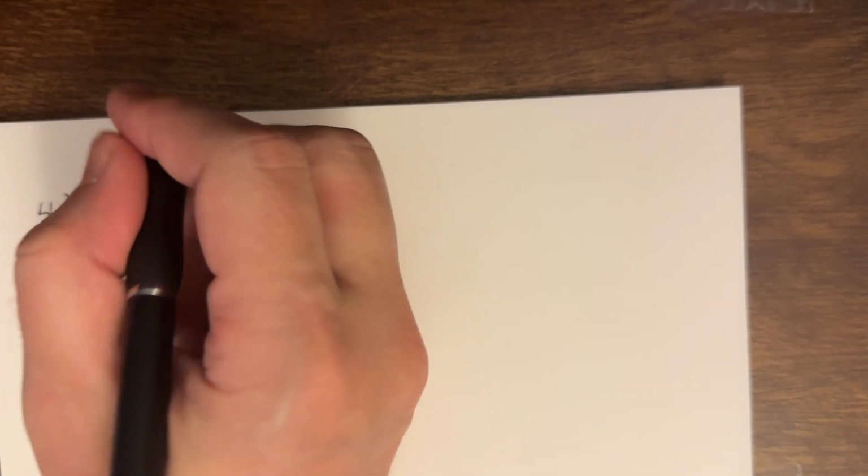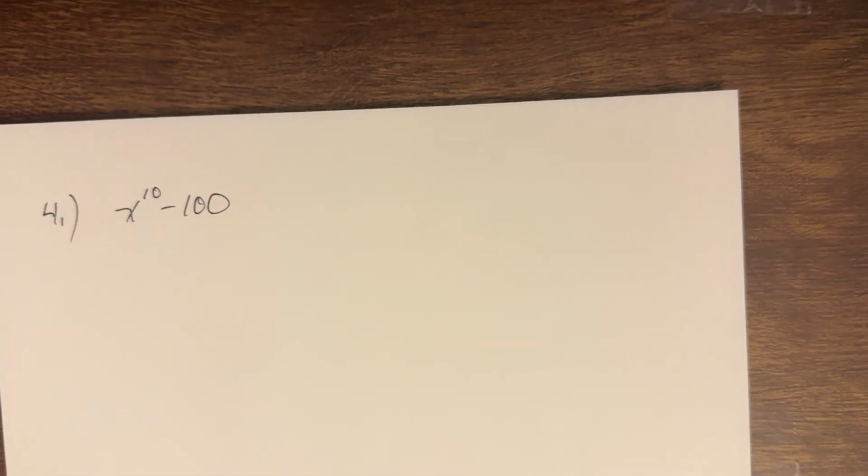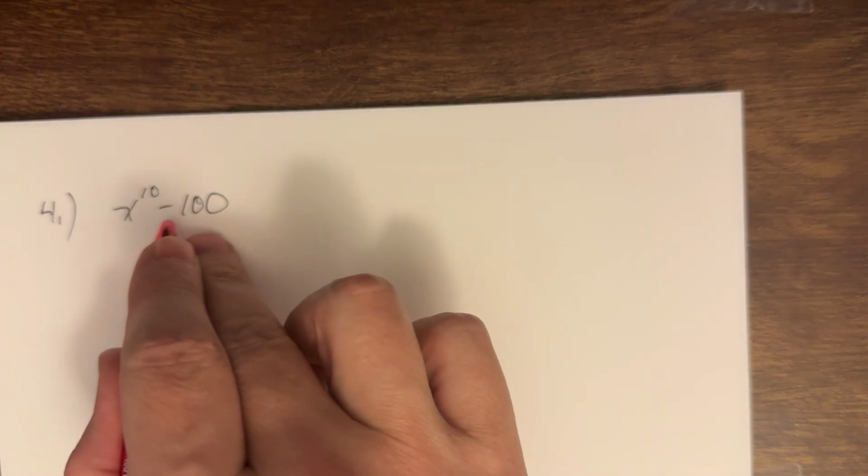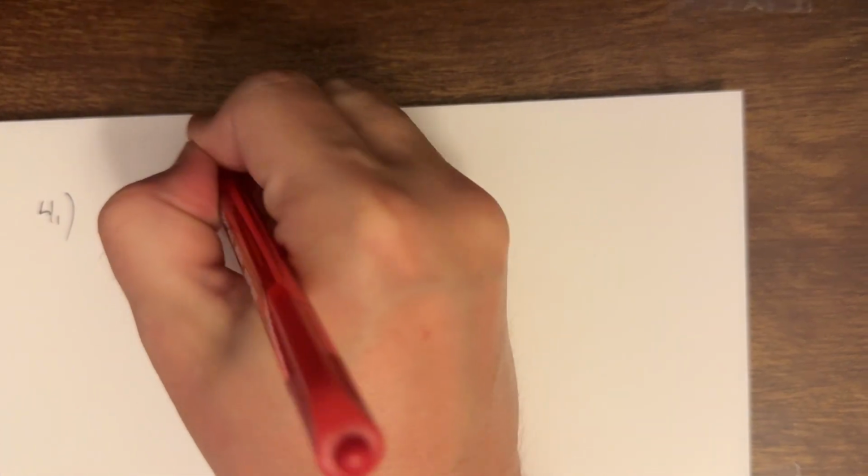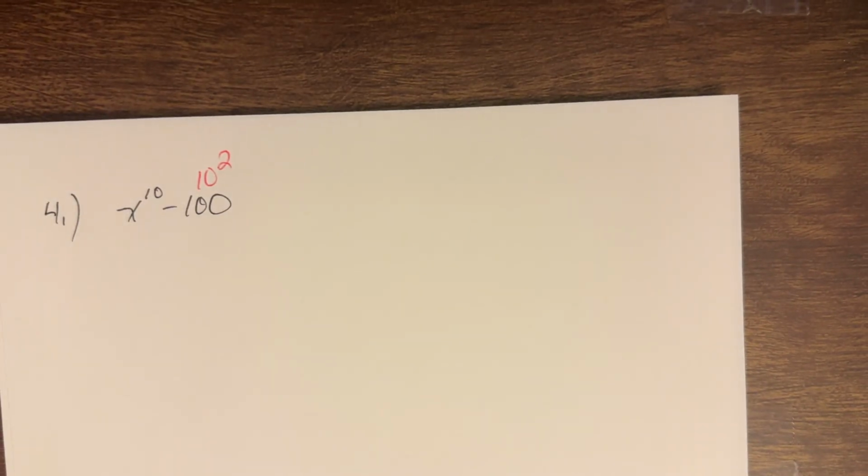Number 4, let's look at x to the 10th minus 100. All right, not obvious right off the bat, but I see a binomial. I'm being told to factor. Well, it's got the minus in between. Let's see, 100 is 10 squared.